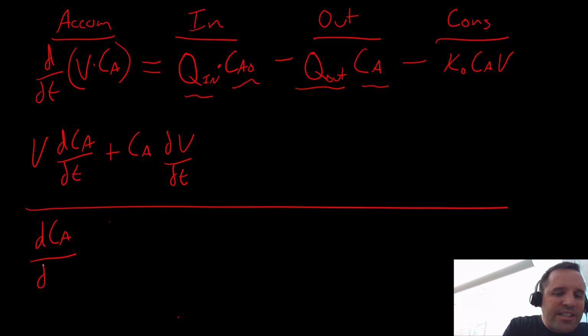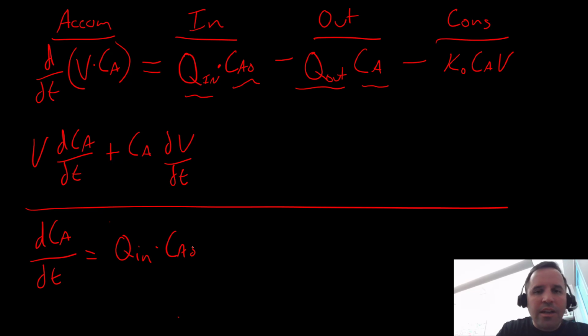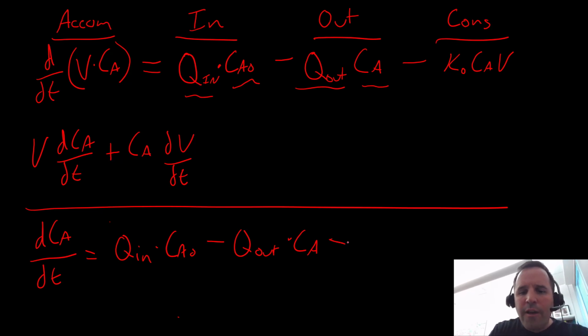So we get dCA dt is equal to everything on the right-hand side: Q in times our CA naught, minus Q out times our concentration in the reactor, minus K naught times CA times V.